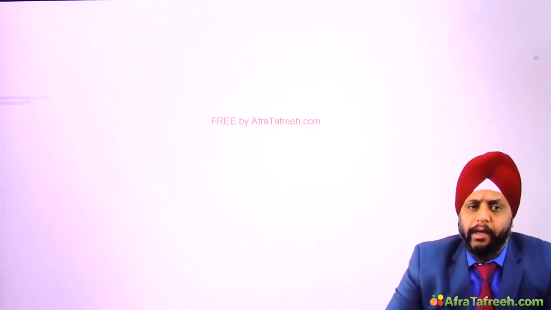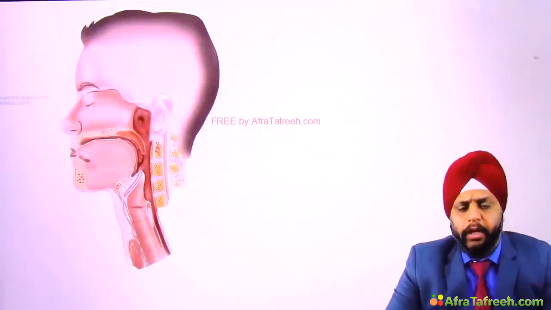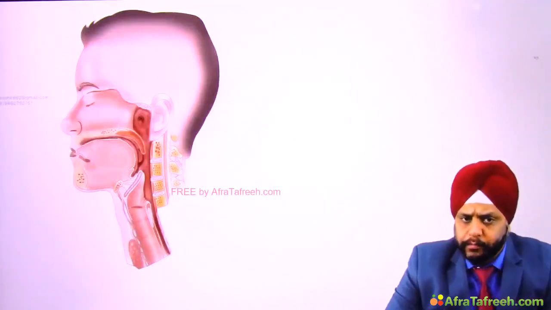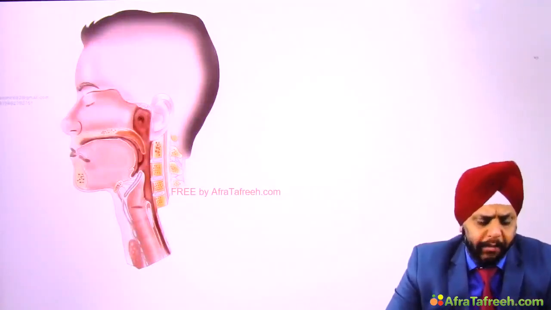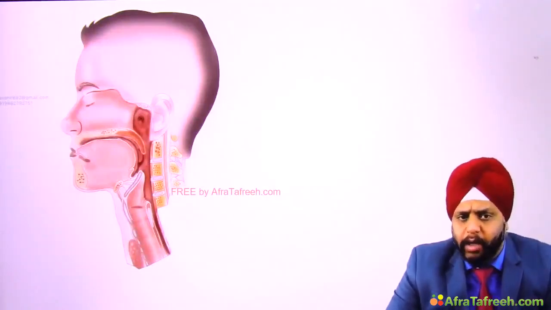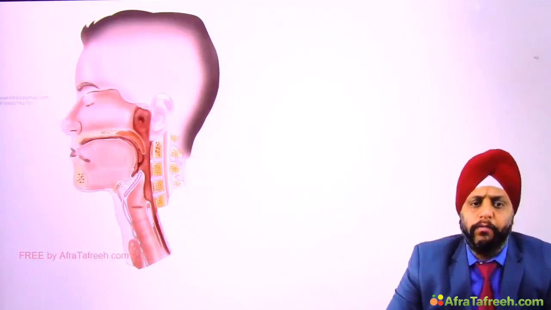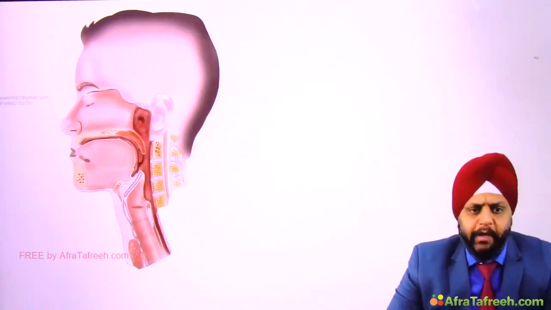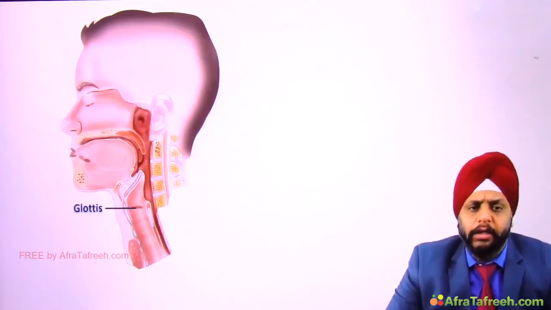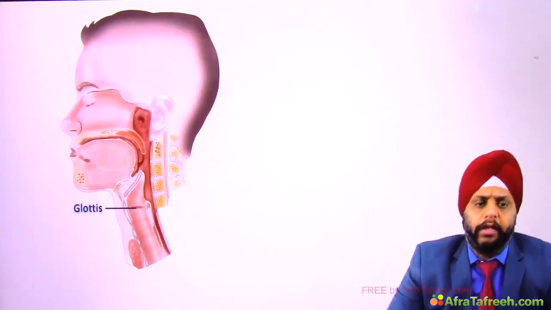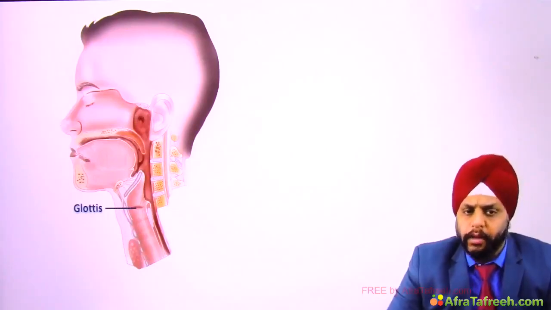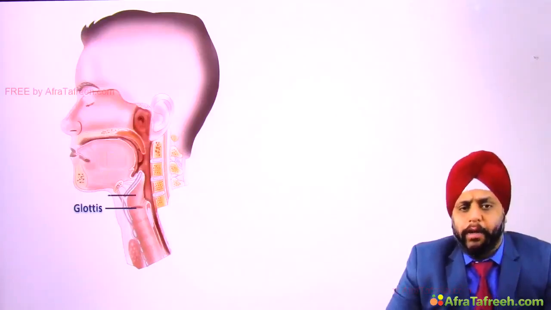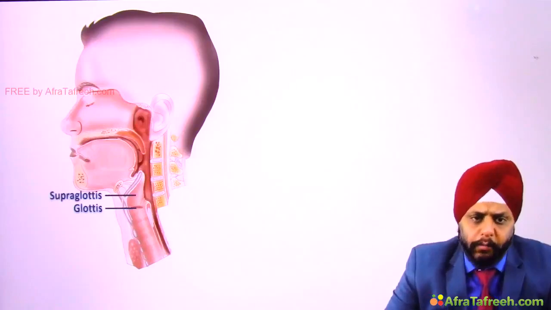Now what is there inside the larynx? We know the larynx is the voice box. The voice is produced by a pair of vocal folds. The place where we have the vocal folds, where the sound is produced, is known as the glottis. The part above the glottis is known as supraglottis.